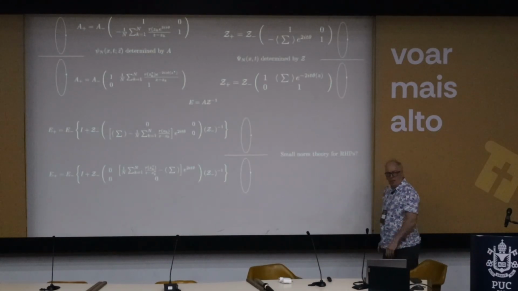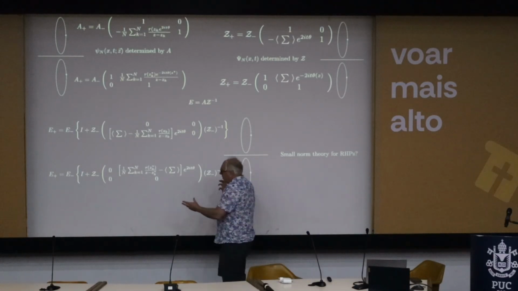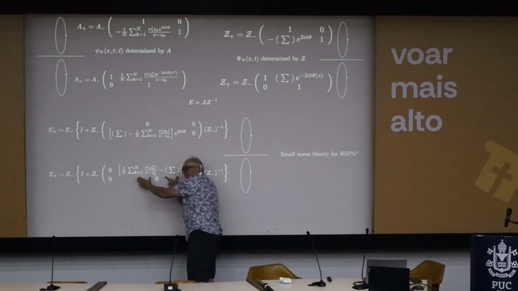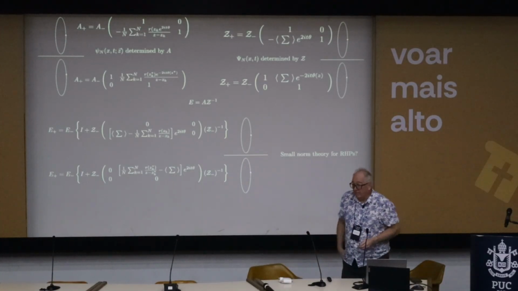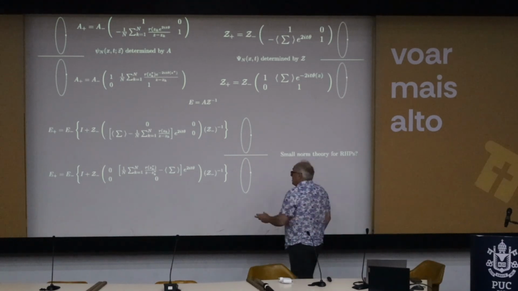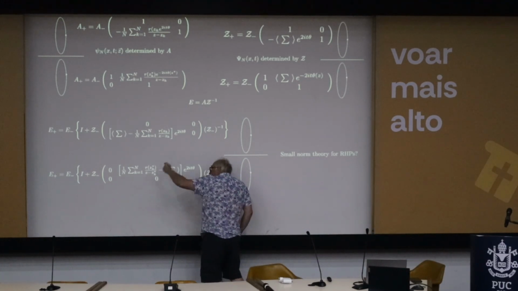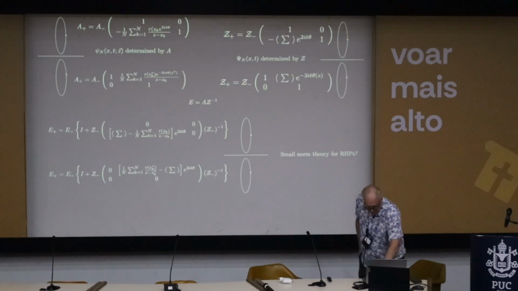And that means you have to ask probabilistically, what is the measure of the set where this is not small? So it becomes really a question of probability theory. Can I estimate the probability that this is not small, and then jam that into a small norm theory for Riemann-Hilbert problems. And that's what we managed to do.